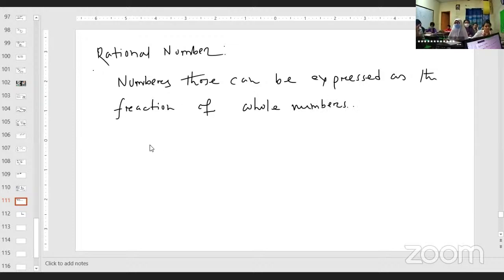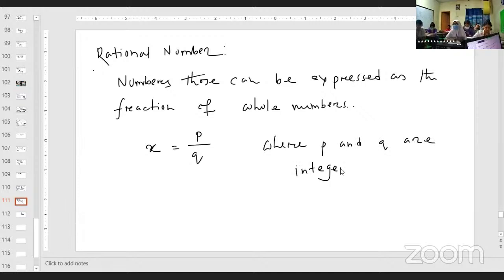I mean, if x is a number which can be expressed as p over q, where both p and q are integers and q must not be equal to 0.